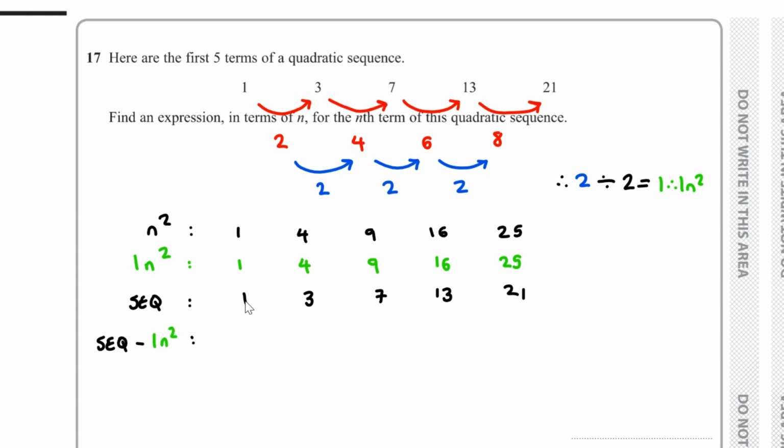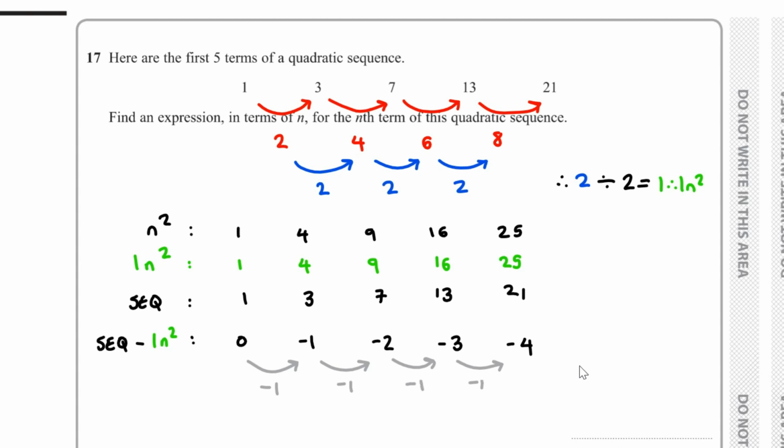So here we get 0, here we get 3 take away 4, which is minus 1, 7 take away 9, that's minus 2, 13 take away 16, that's minus 3, 21 take away 25, that's minus 4. We now find out the difference between each of these. So you can see here, the difference between each of these is minus 1.